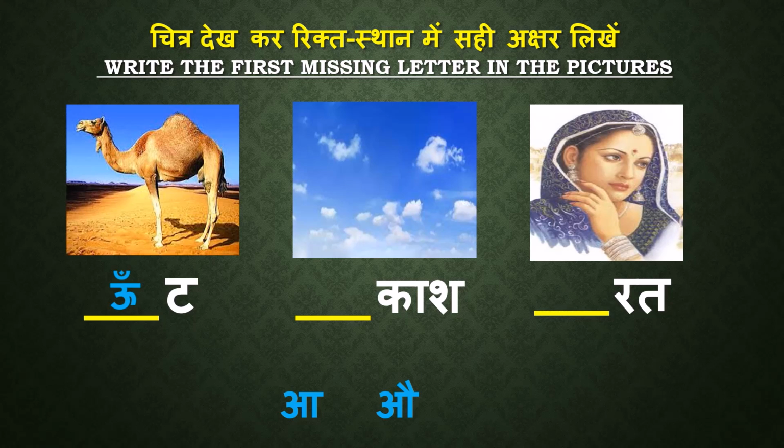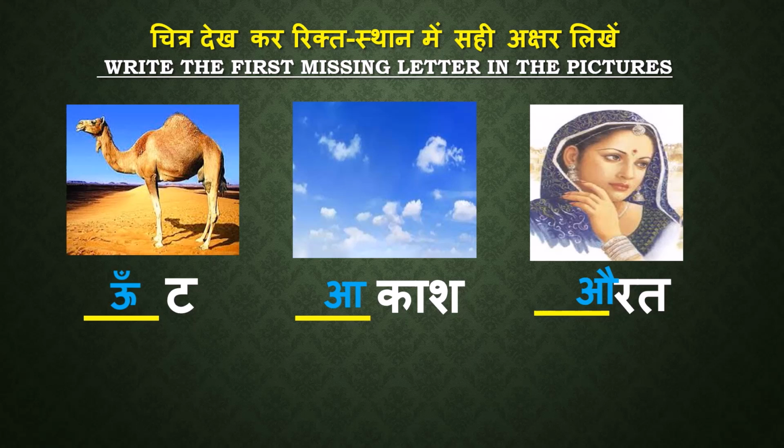So, out of these two letters given below, which letter will come over here? It is A. Akash. And the last picture is of a lady. We call it Aurat in Hindi. Therefore, the letter O. So now you know the words Oot, Akash, Aurat.